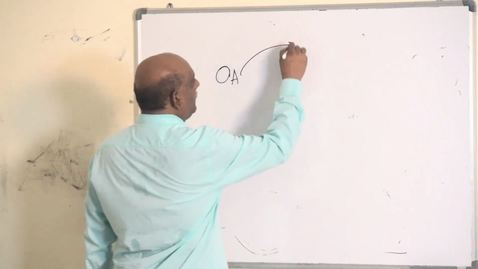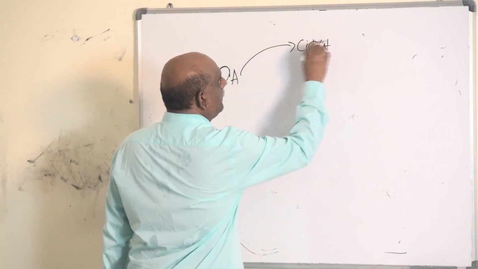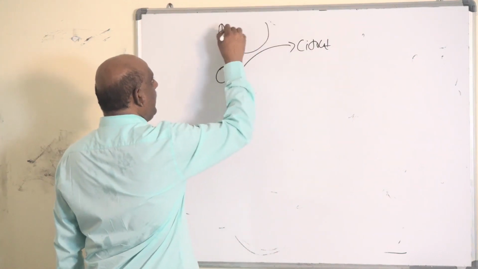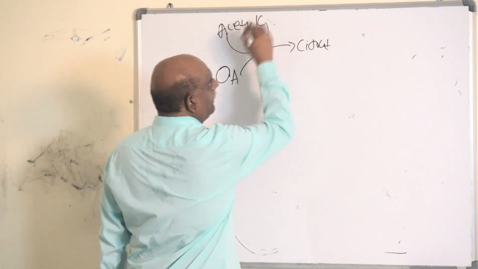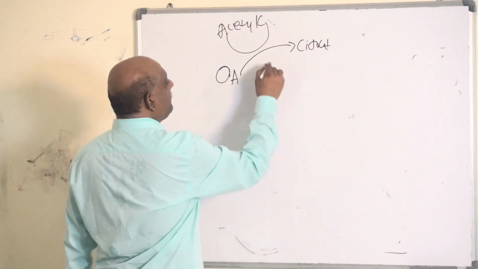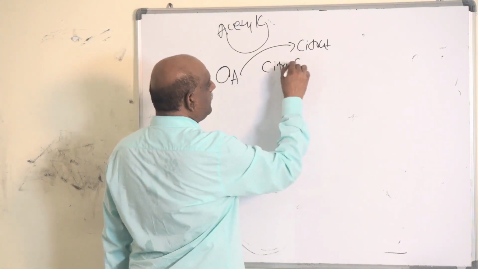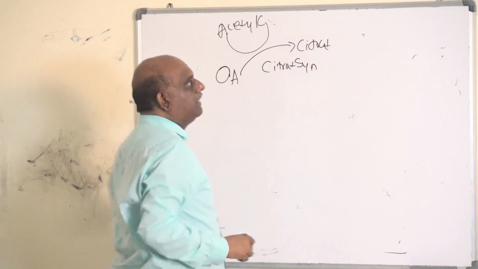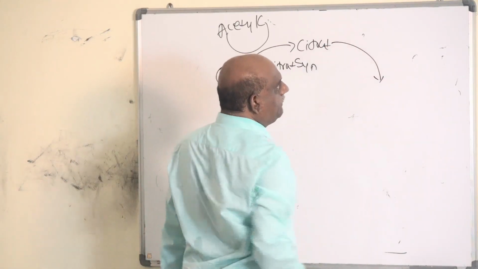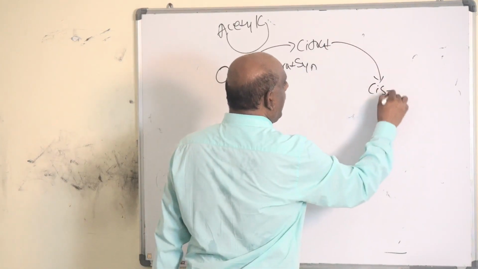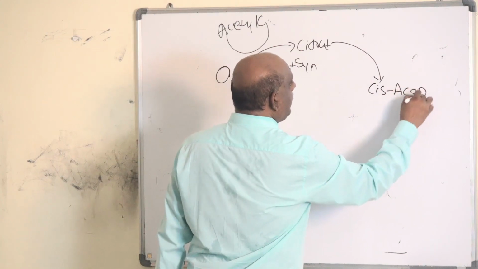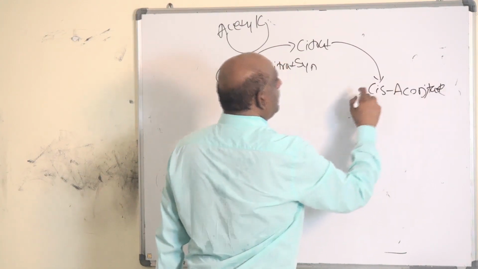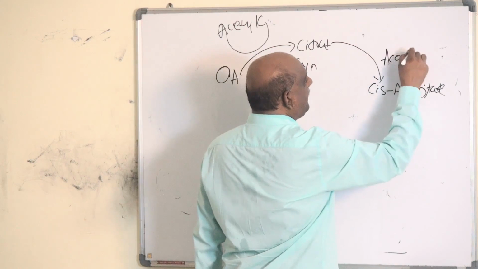Oxaloacetate becomes citrate by the incorporation of acetyl-CoA. And what is this enzyme called? Citrate synthetase. Citrate becomes cis-aconitate by the action of aconitase.